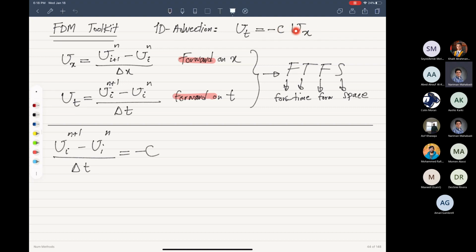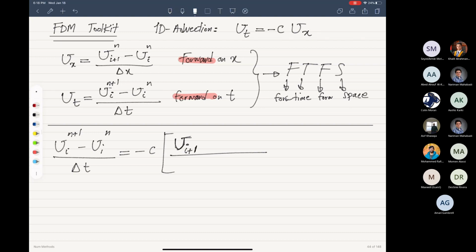I'm moving to the second term, right? Which is here. So c times, okay, now I need to play with the subscript, which is about the space.